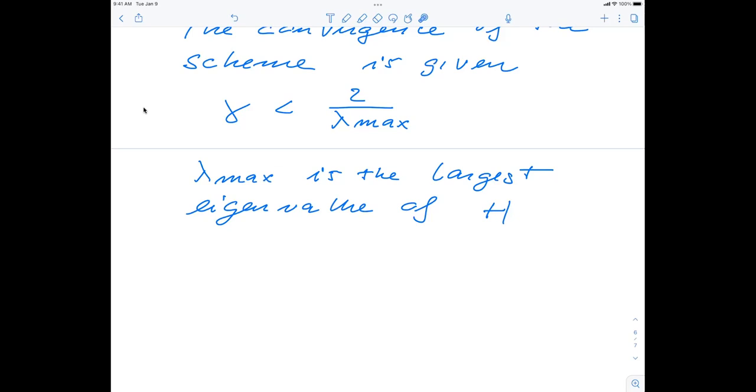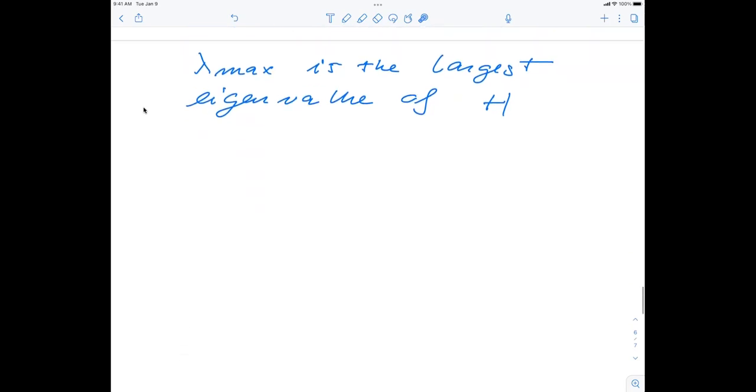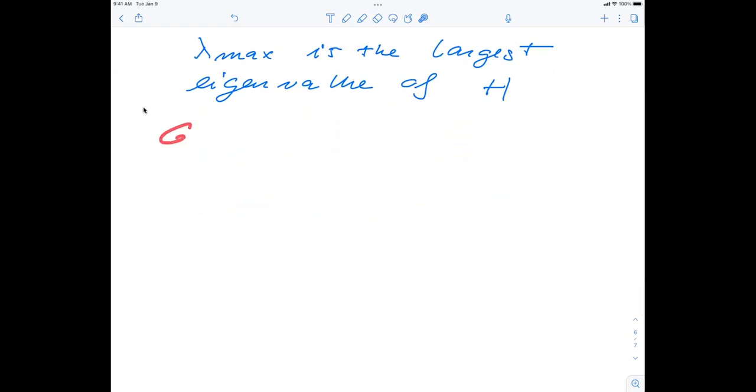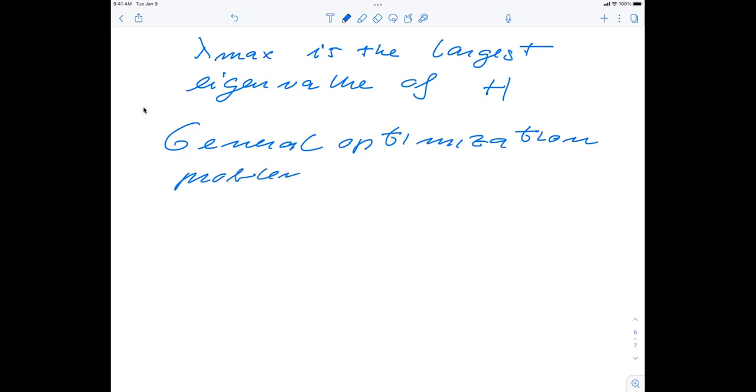But I just wanted to remind you of some other things which deal with the kind of optimization problems which we end up with. So if you look at a general problem, let me quickly remind you of some of the basic properties when we try to optimize problems here.